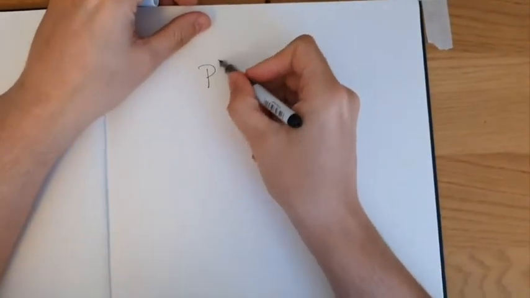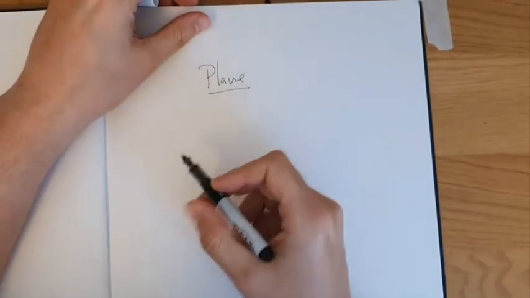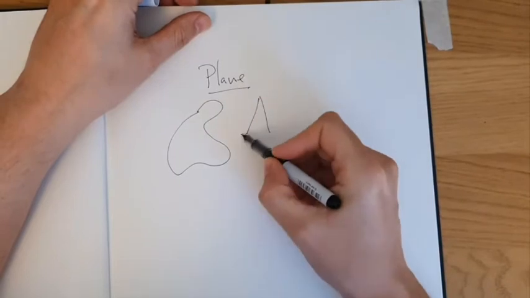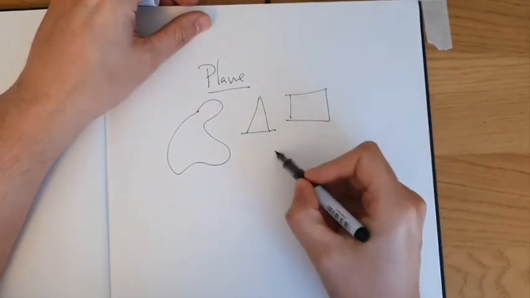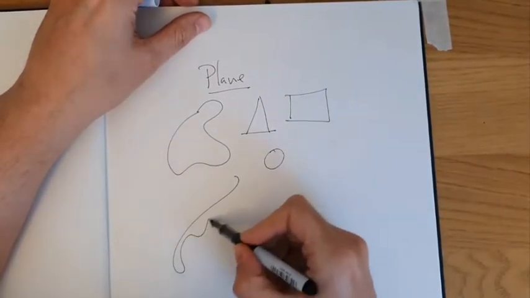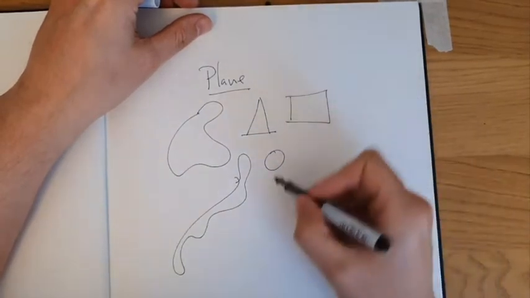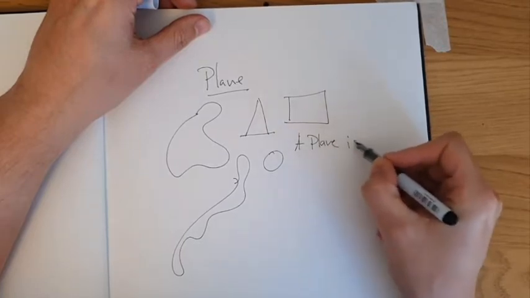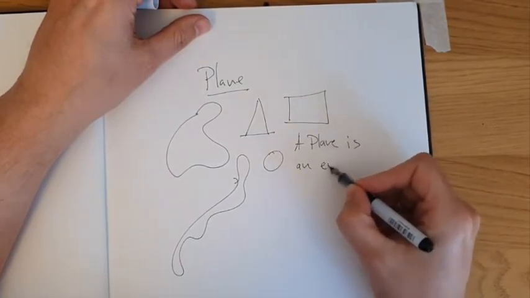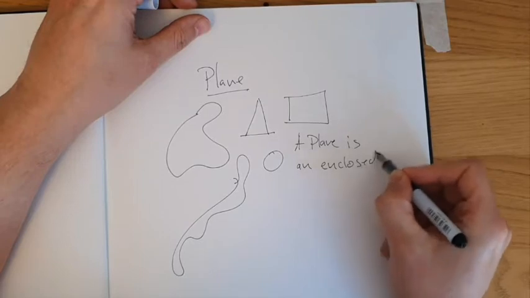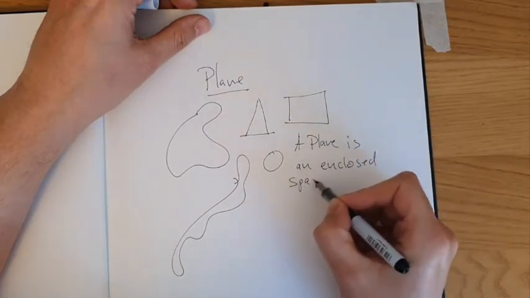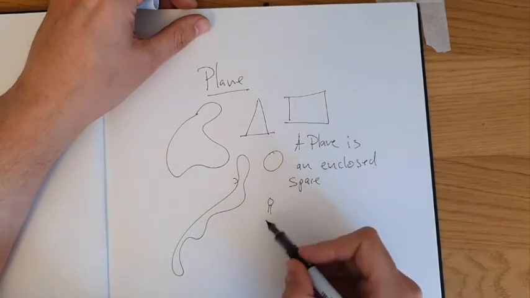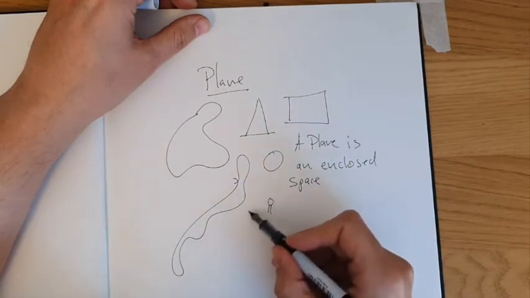All right. Now, we're moving to a bit more advanced stuff, talking about plane. So plane is any enclosed 2D space. These are all planes. Now, this doesn't mean that a plane won't exist in 3 dimensions, but it might mean that it doesn't have volume to it.